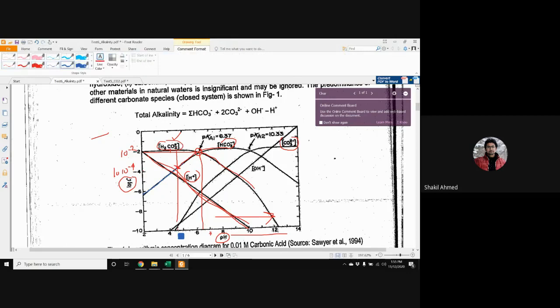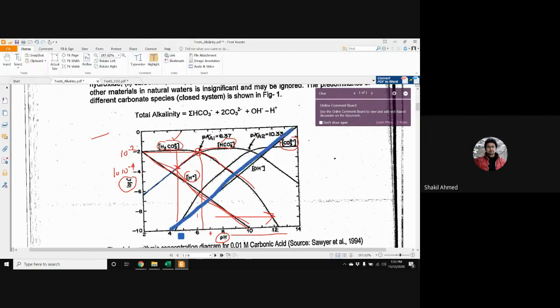Or you can say with increasing pH, hydrogen ion is decreasing and OH is increasing. Am I right?